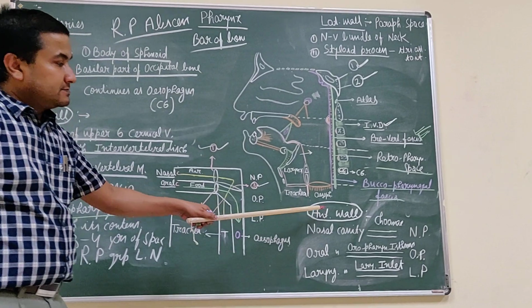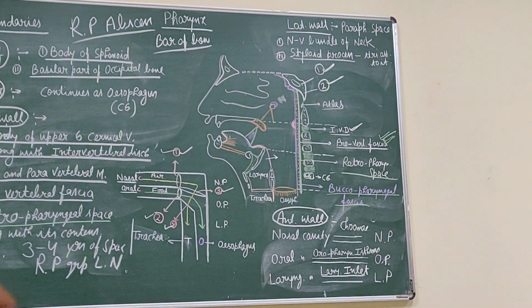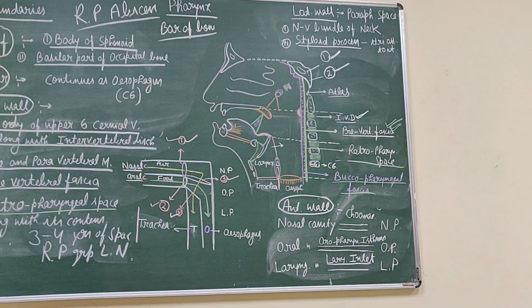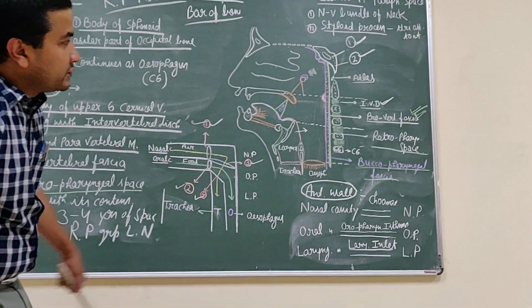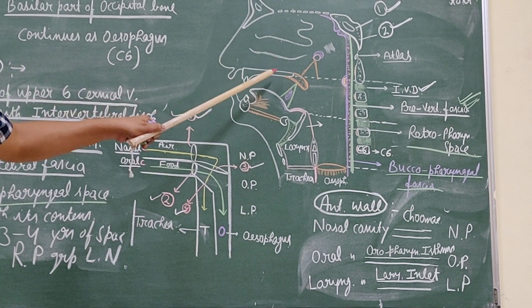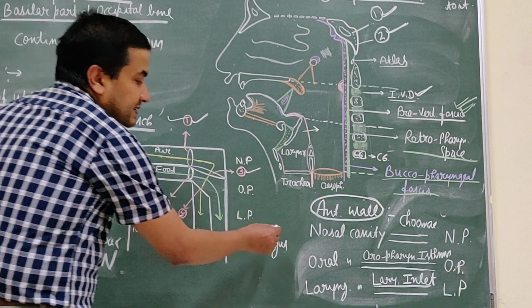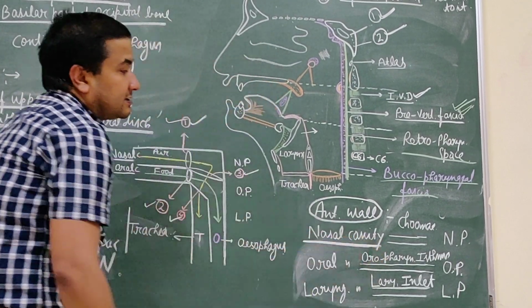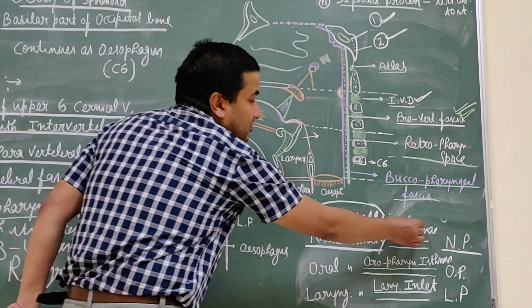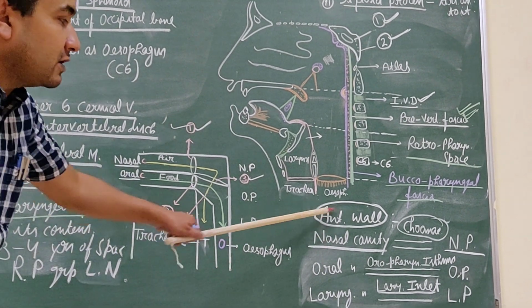Now the anterior wall. If you see here, it is the anterior wall. This anterior wall, we have discussed earlier, is deficient. There are openings through which the pharynx communicates with the nasal cavity, oral cavity and laryngeal cavity. The nasal cavity communicates with the nasopharynx through the choana, the posterior nasal aperture present in the anterior wall.